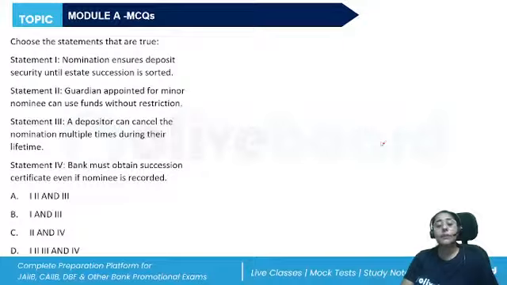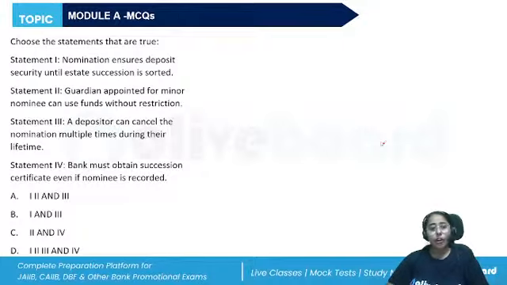So now we are talking about the regulation of nomination or deposits. So which statements will be true regarding the nomination?